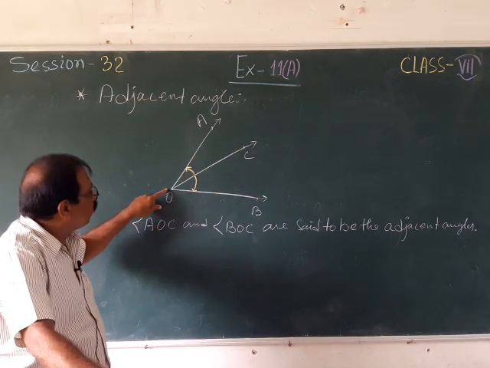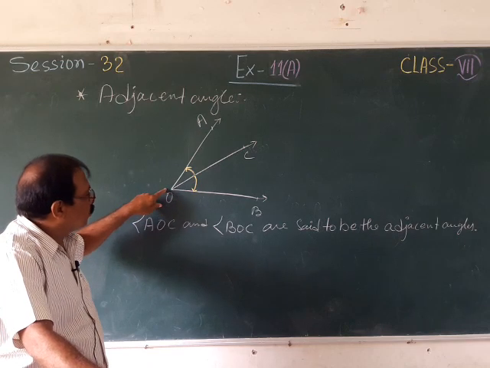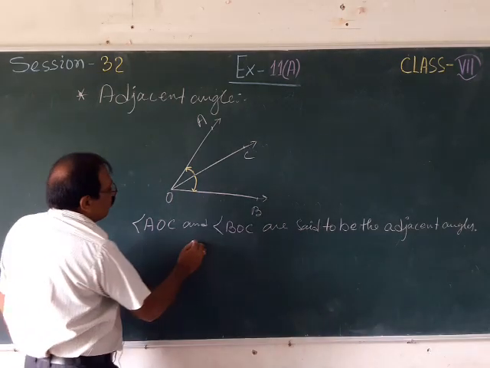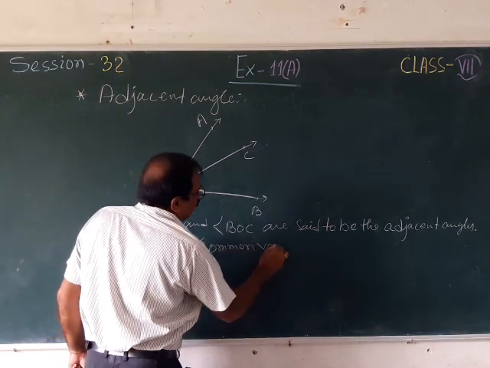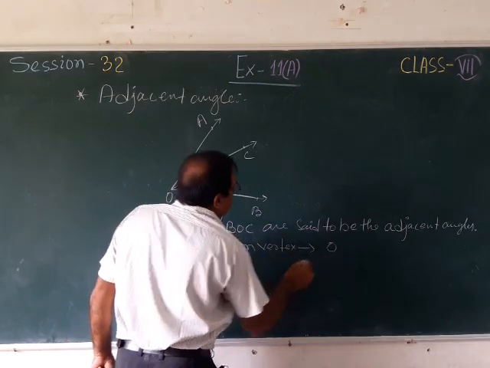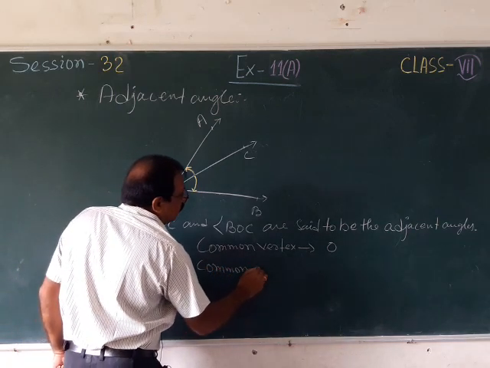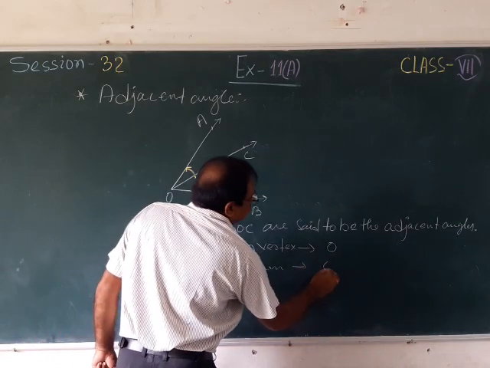It must have a common vertex and a common arm. Here you have to see one common vertex. What is the common vertex? You have to observe these things: it is O. Then the common arm. What is the common arm there? The common arm is OC.